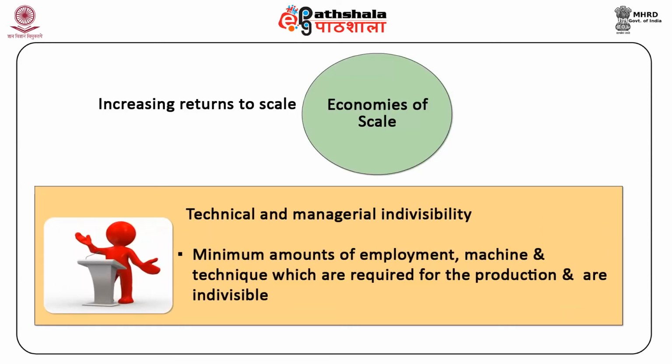Since it is difficult to divide any machine or technique in fractions, there is always a minimum amount of employment, machine, and technique which are required for the production and which are indivisible in nature. When these inputs are increased, they increase the production exponentially and hence increasing returns to scale take place.